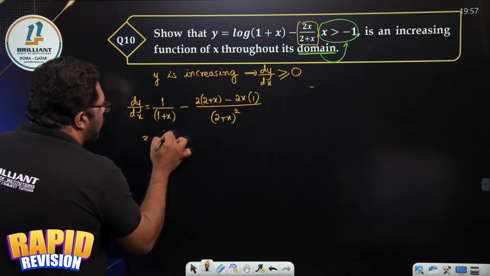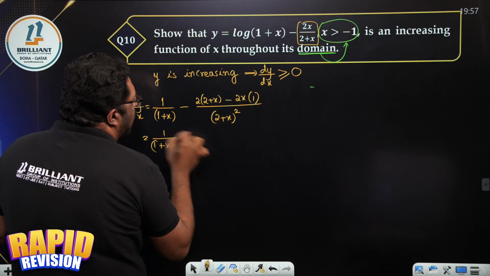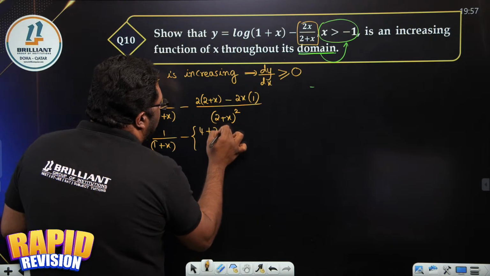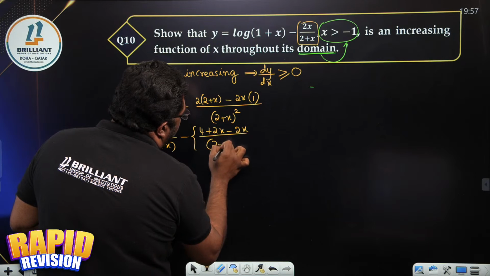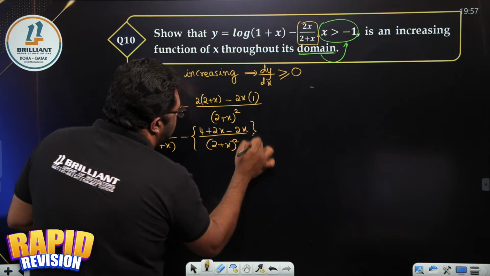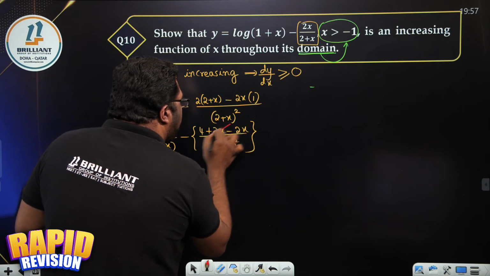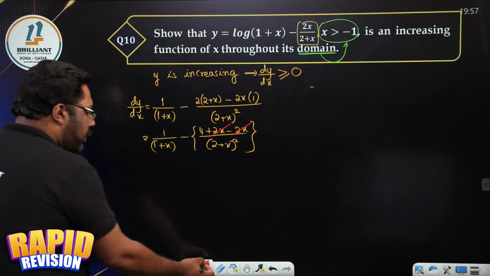So the answer is 1 by 1 plus x minus 4 plus 2x minus 2x by 2 plus x squared. Normal derivative. I haven't done anything new here. I just simply took the derivative of the function.